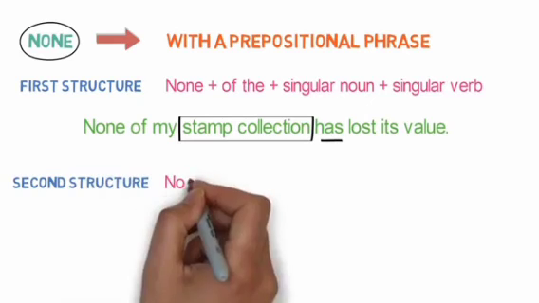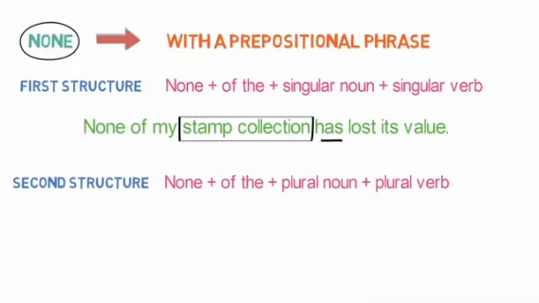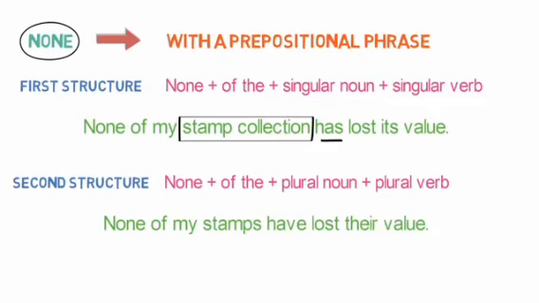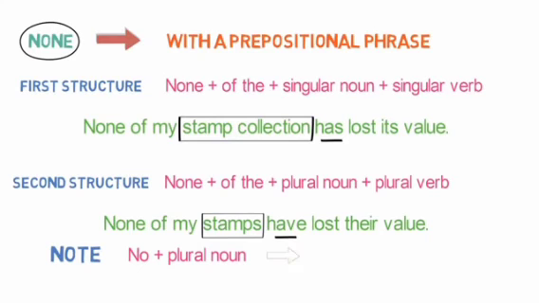The second structure is none of the plus a plural noun will take a plural verb. For instance, you have none of my stamps have lost their value. Stamps is plural, so we take the plural verb have. So take note, when none of is used with a singular noun, it takes a singular verb.